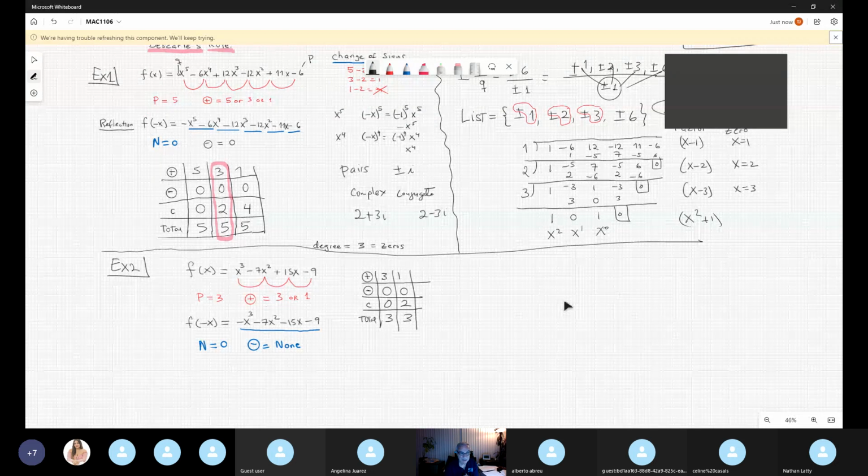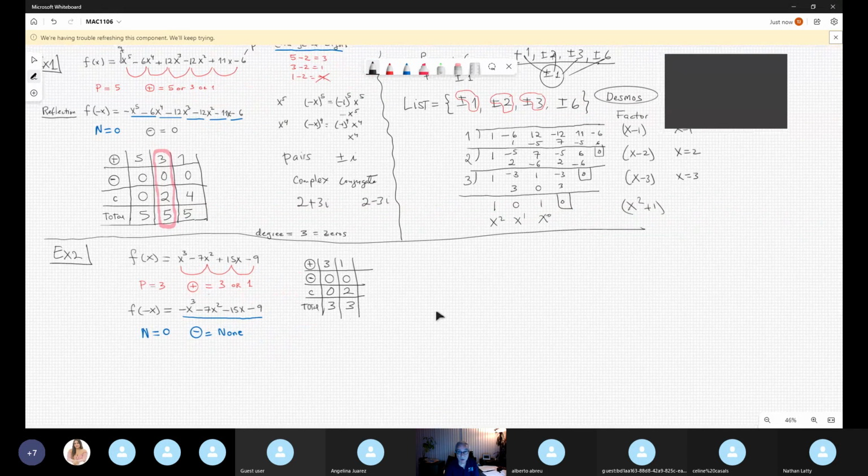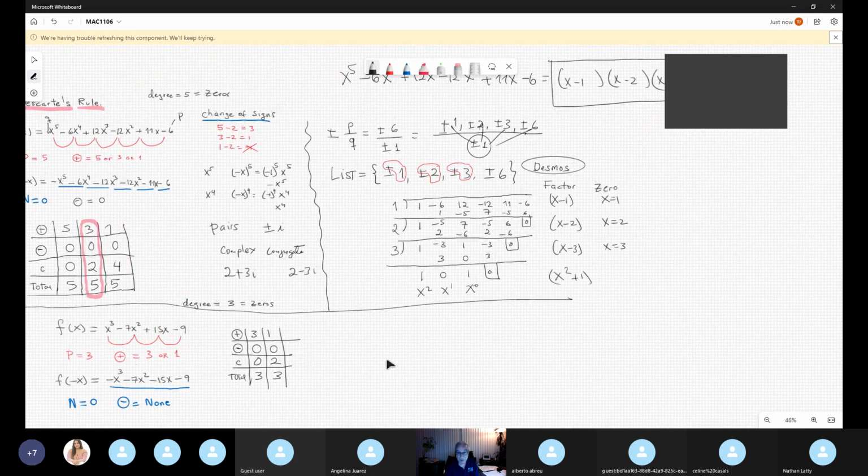We did the analysis of the Descartes rule. The only thing you should do is plus or minus P divided by Q. P is 9, and Q is 1.